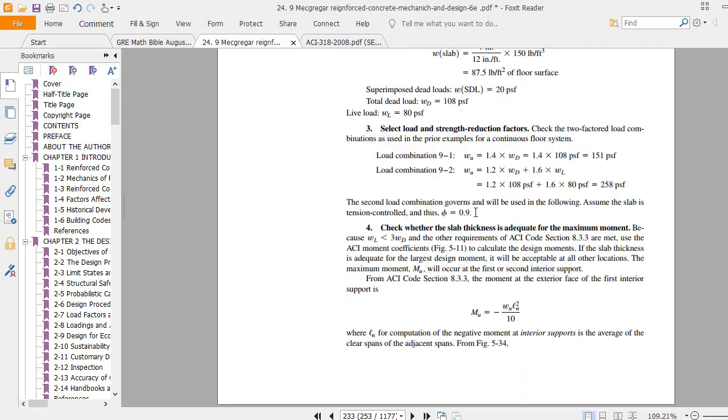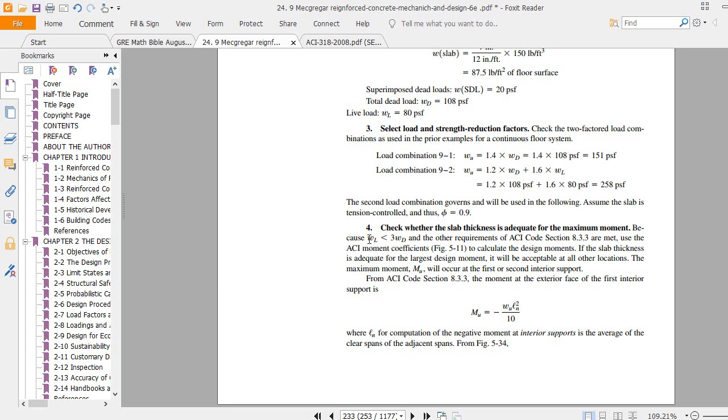Now check whether the slab thickness is adequate for the maximum moment or not. For that purpose, remember, we are using the moment coefficient method. The moment coefficient method has some requirements, and I already explained them in so many videos. Please watch those videos.